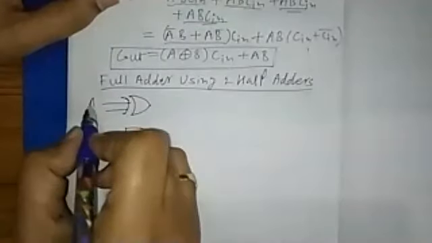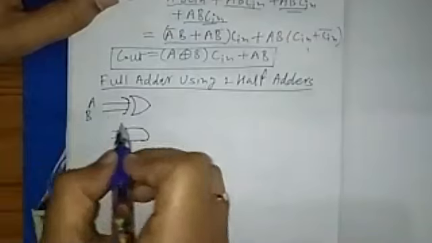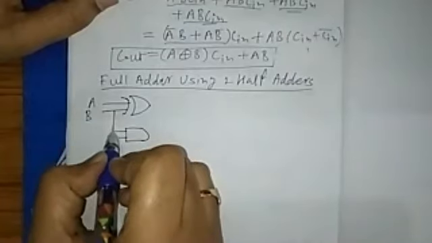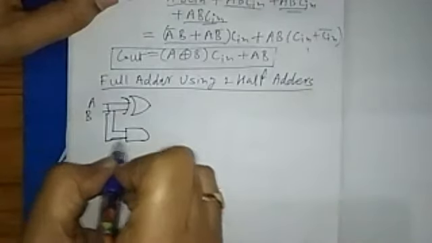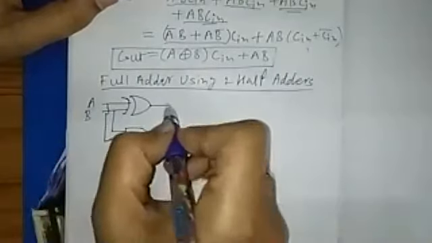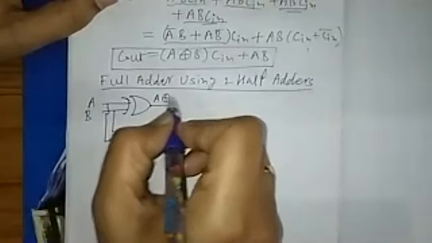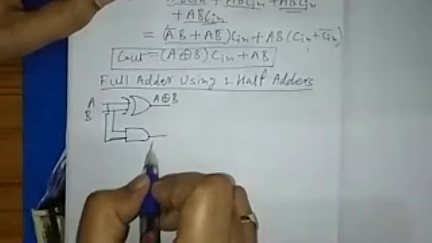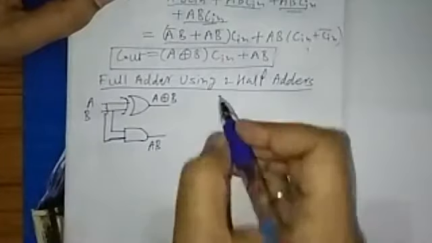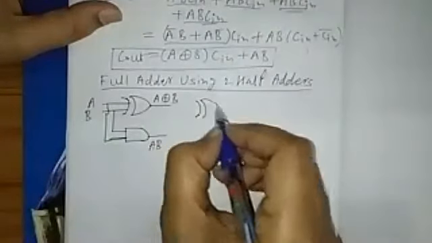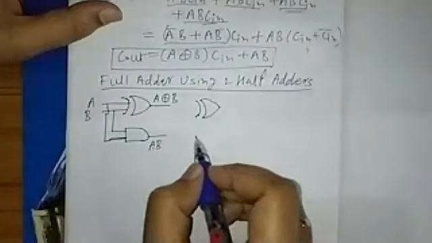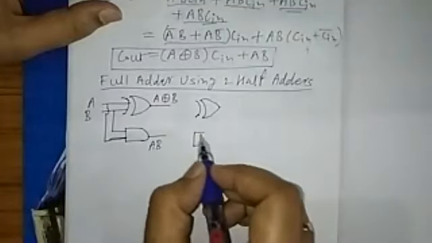This is half adder with inputs A B. From here I am getting A XOR B, and this I am getting AB. Now similarly here also I will have one more half adder, which means an XOR and an AND gate.